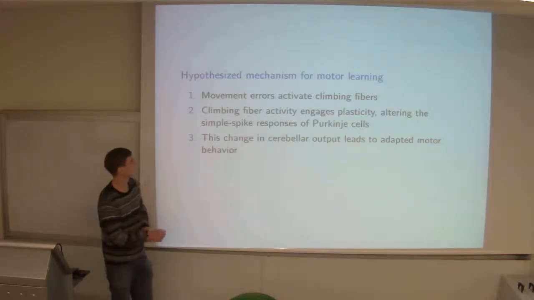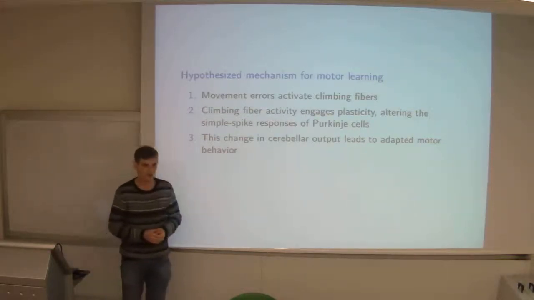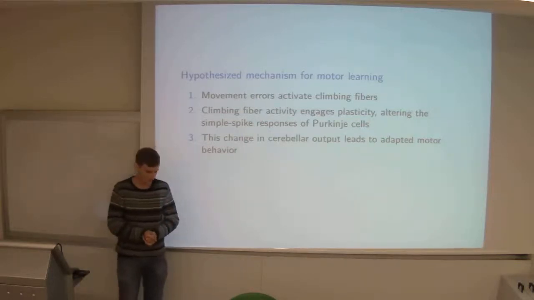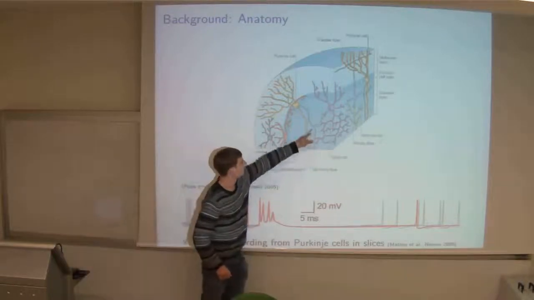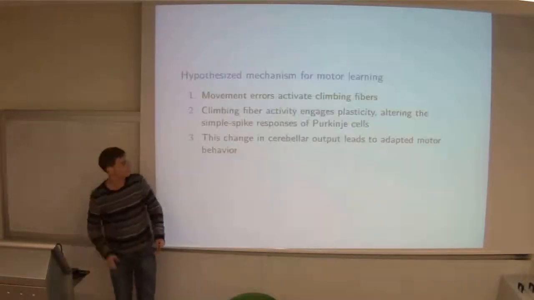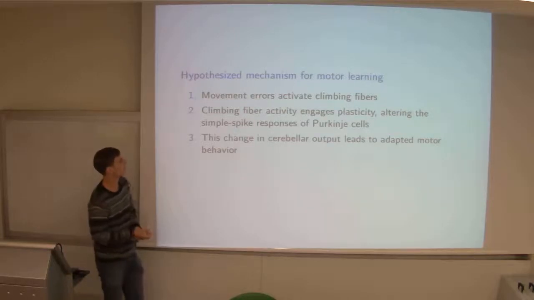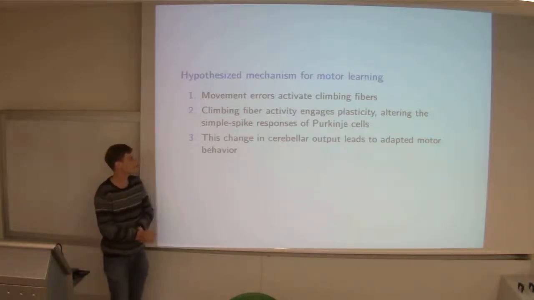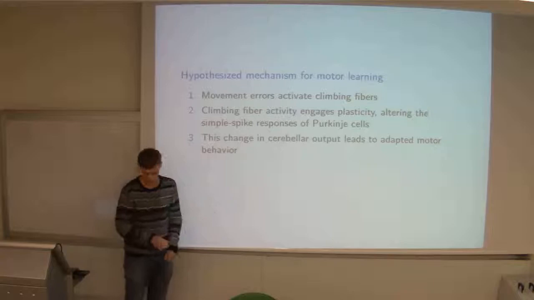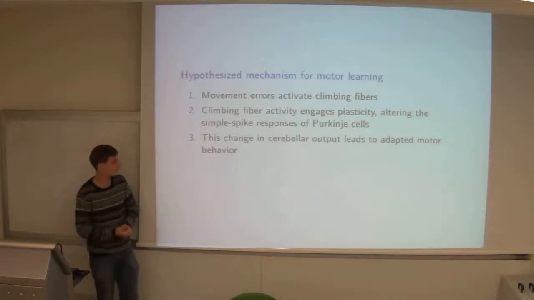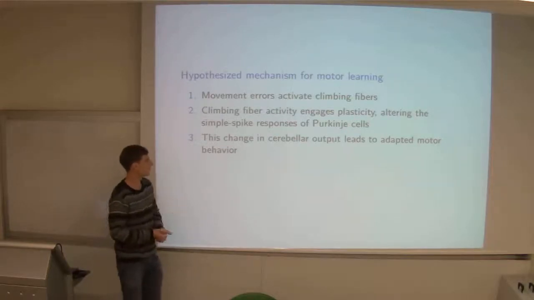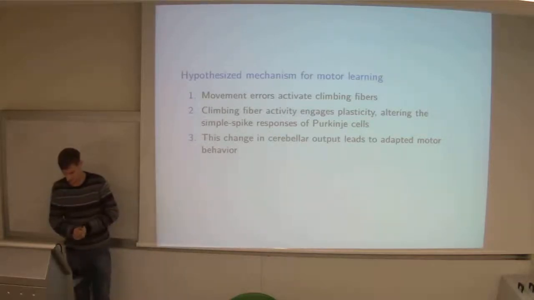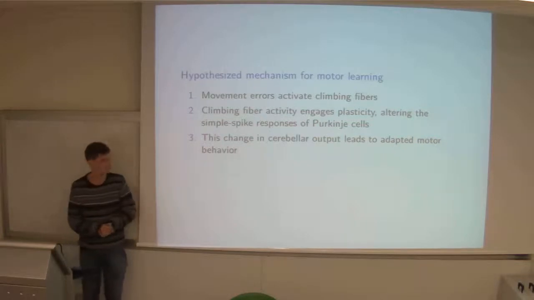The system they propose is that whenever you make a movement error, the climbing fiber is activated, and this is some kind of error signal to the Purkinje cells. Then the Purkinje cells change their simple spiking, and this change of simple spiking leads to a different motor behavior. The idea of the paper is to test all these things in one single experiment.